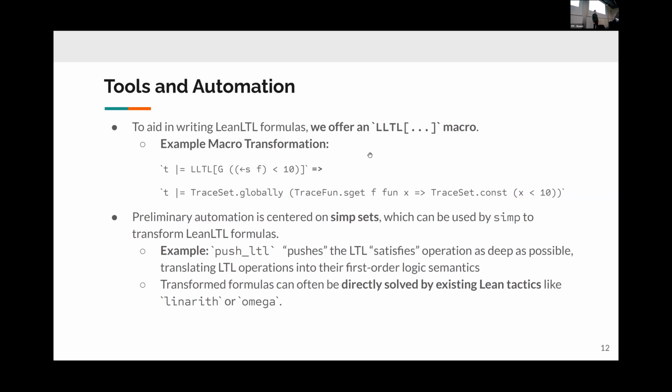We also have some preliminary automation centered on simp sets, which can be used by simp to transform the LeanLTL formulas. The primary example here is push LTL, which basically pushes the satisfies operation as deep as possible, transforming the LTL operations into what essentially are the first order logic semantics. Oftentimes you can then solve these directly, if it's a simpler proof, just using built-in Lean tactics.